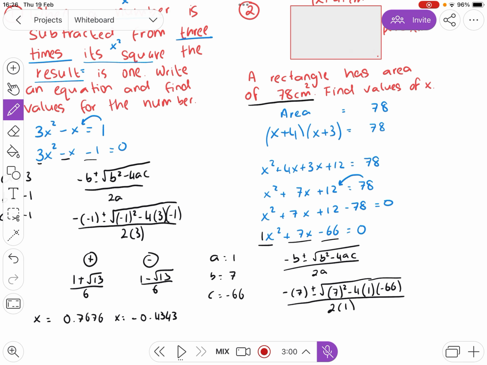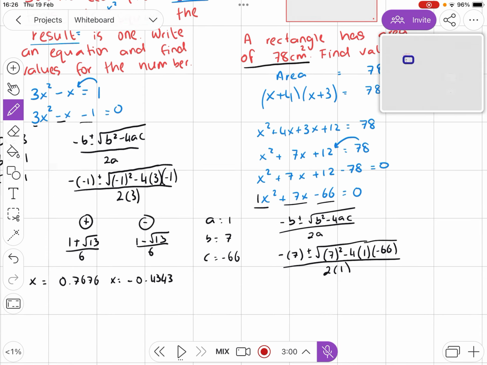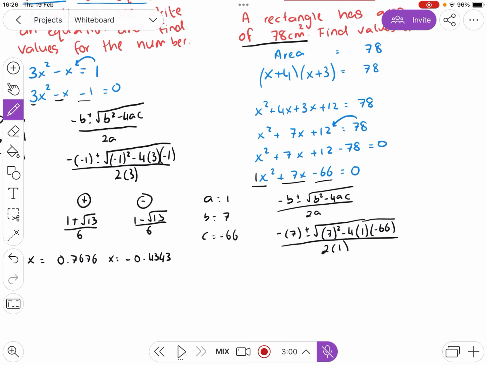And again, it didn't tell me to write them in surd form or as decimals, so I'm going to write both out here. So my first value, if I do my plus, is minus 7 plus the square root of 313 over 2. If I have my minus, I have minus 7 minus the square root of 313 over 2.